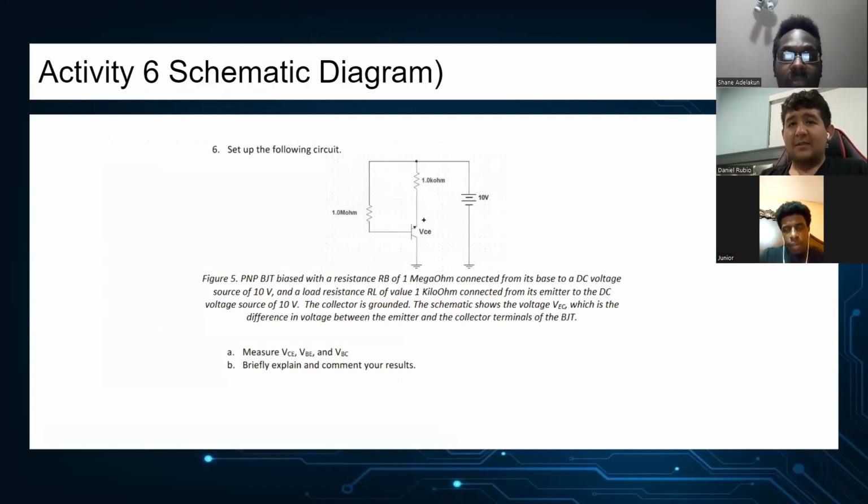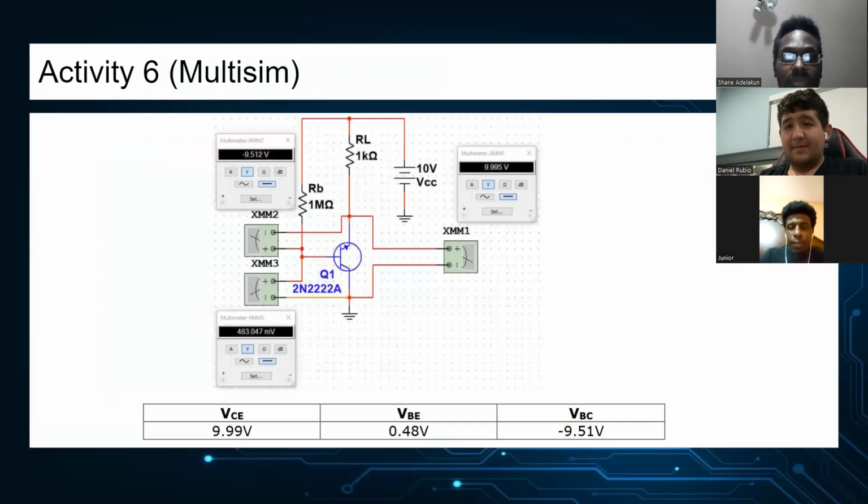Here we have Activity 6, a schematic diagram, where we'll be measuring VCE, VBE, and VBC. For Activity 6, this is the Multisim, and RB is 1 and RL is 1 ohm.